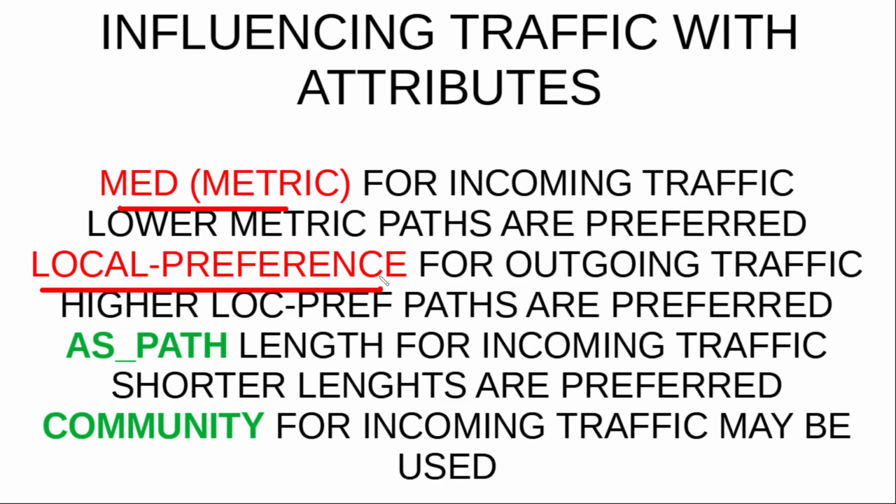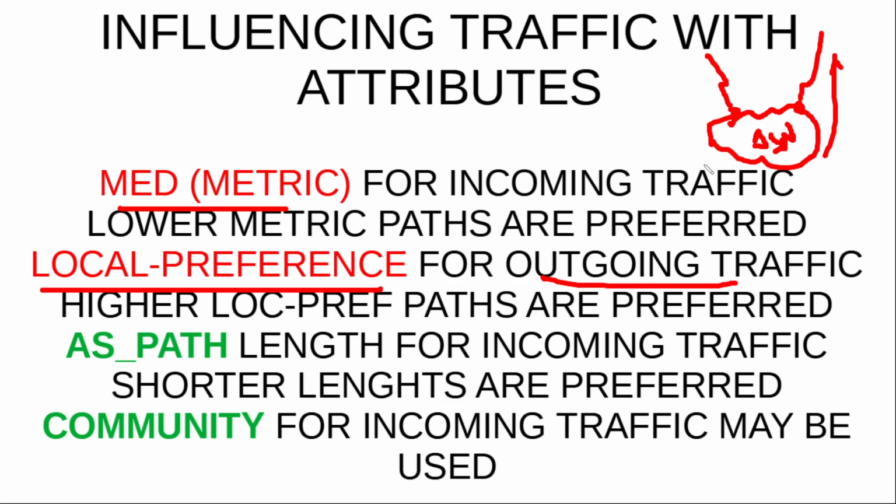In the case of local preference, you are going to want to modify it when you want to change the behavior of your outgoing traffic. So you have your autonomous system here, and you have several ways to send traffic outside. Then you're going to modify your local preference.